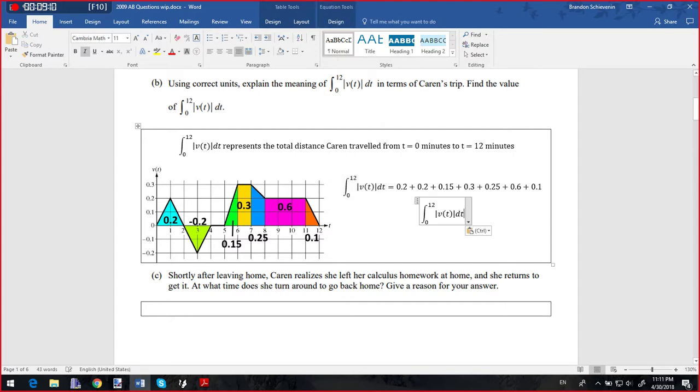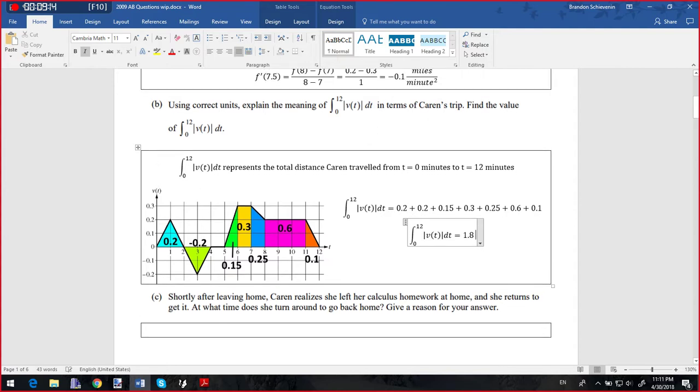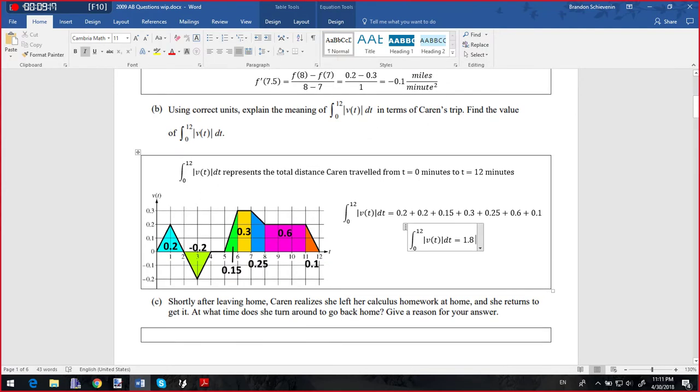And I do need units for this. So if I was in miles per minute for velocity, when I integrate I should get a distance. So I integrated with absolute value, which is the total distance traveled. So this is 1.8 miles.